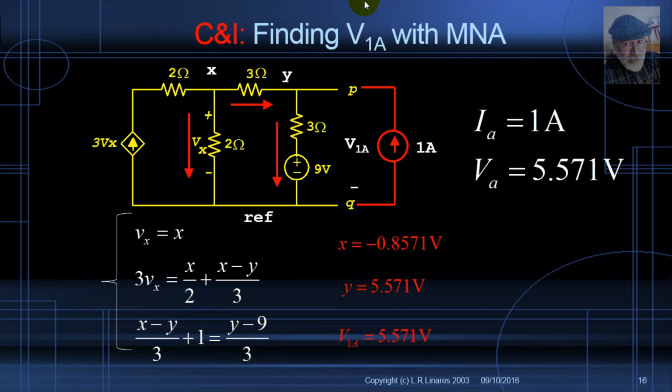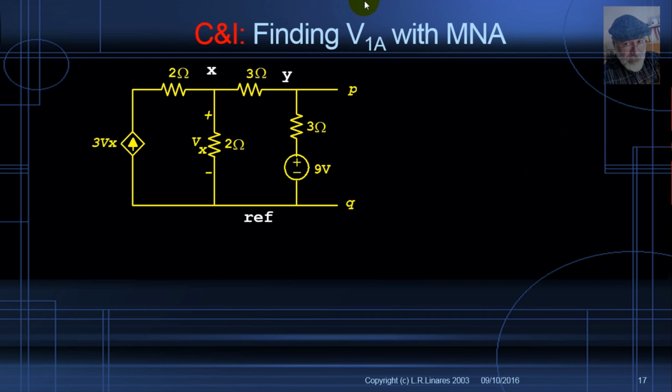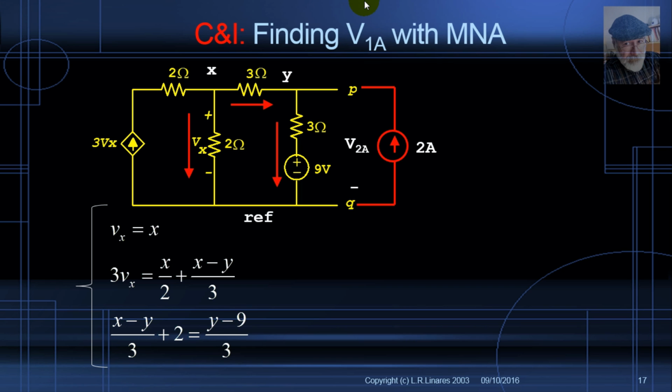Now repeat that test with a different value of the current source. I will use just 2 amps, just because it's easy. And to find the voltage that appears, V2A, that is VB, we write the equations. Observe, the 2 amps current source appears here in the M&A equations, right?